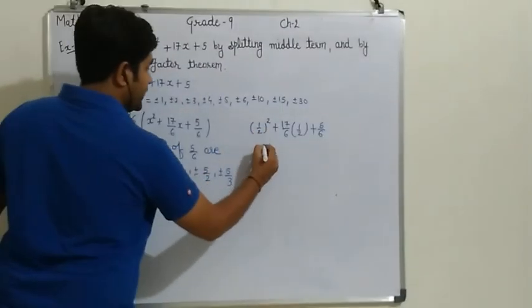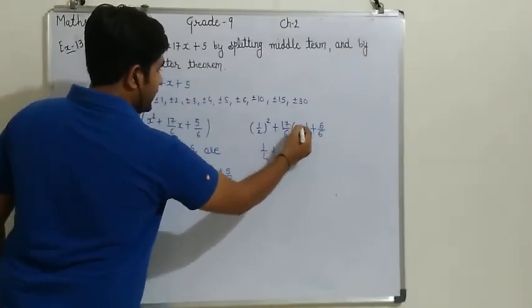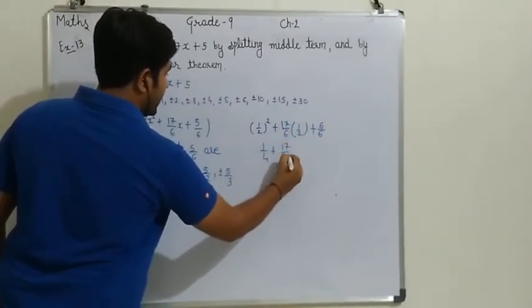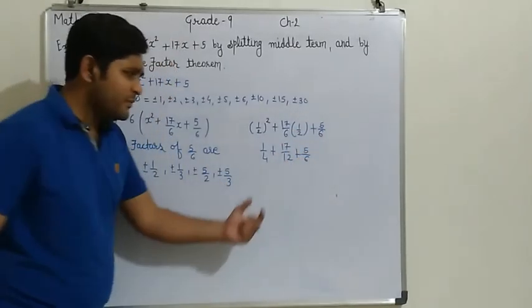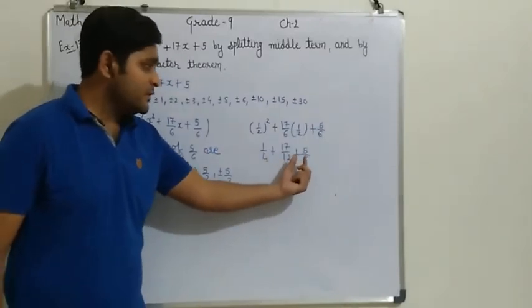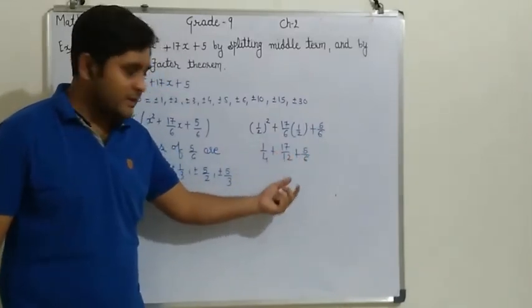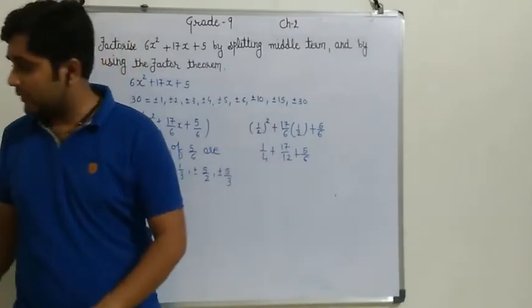So 1 by 2 square is 1 by 4, plus 17 by 12, plus 5 by 6. Simply, friends, don't do more here. This one is plus, this one is plus, this one is plus. All are plus, so the answer never becomes 0. So it is not a factor of the given polynomial.